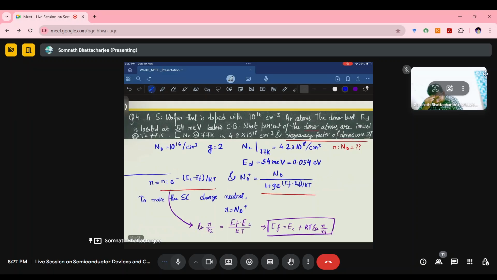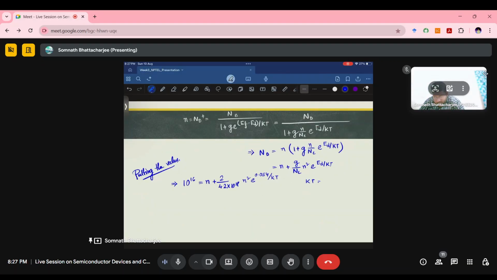The value of KT is 0.006636 eV. Putting it into the calculator, 0.054 divided by 0.006636 gives 8.137.